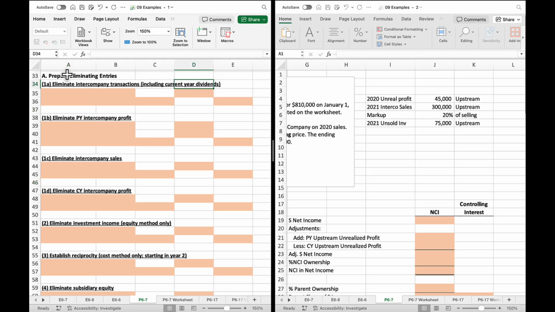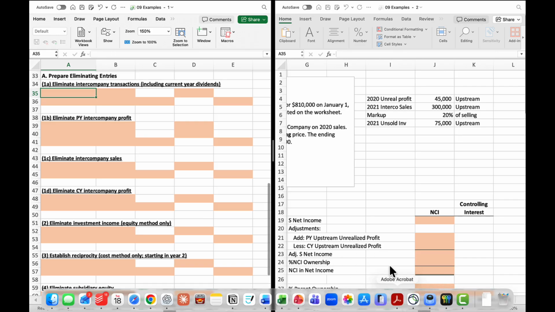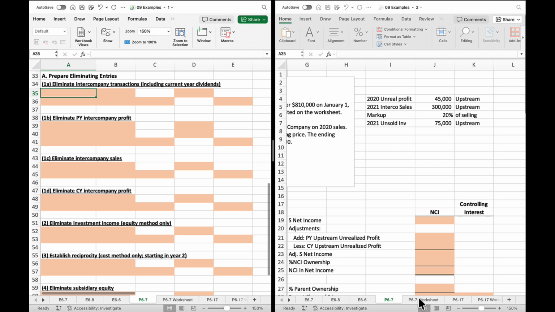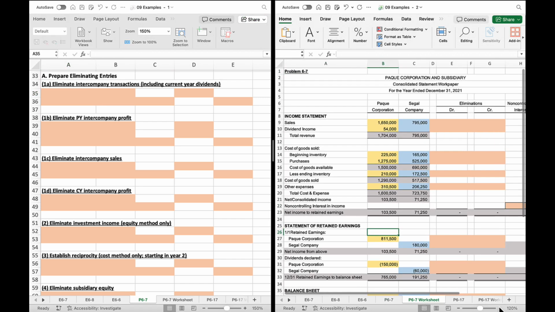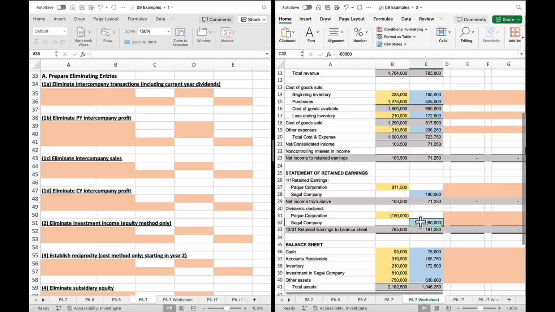So the only thing we need to put in here is any current year dividends. So they didn't tell us anything about current year dividends. And so to figure out if we have any intercompany, we're going to head over to our worksheet. And we see on our worksheet that our subsidiary paid out dividends of $60,000. And so that means that 90% of those had to come to the parent, and therefore 90% of that 60,000 is intercompany.